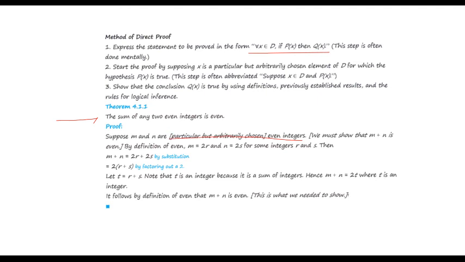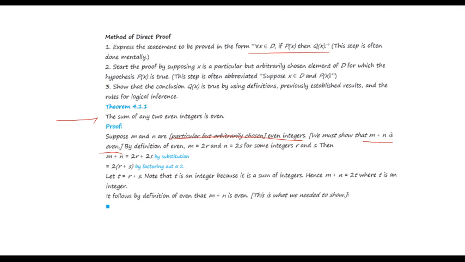So what is the outcome that we need to reach? What is the conclusion? We must show that m plus n is even, right? So how to reach from the assumption or hypothesis to the conclusion? In order to reach from hypothesis to conclusion, we need to use the definition of even numbers.